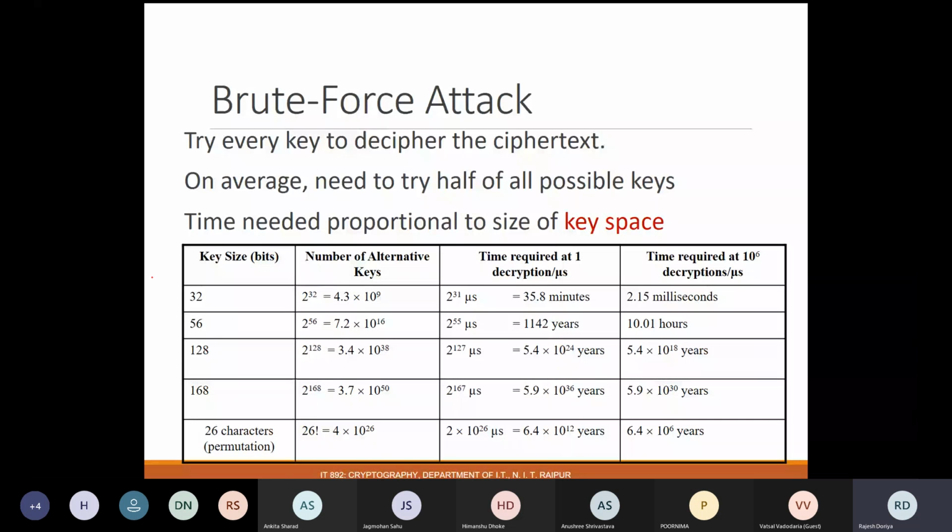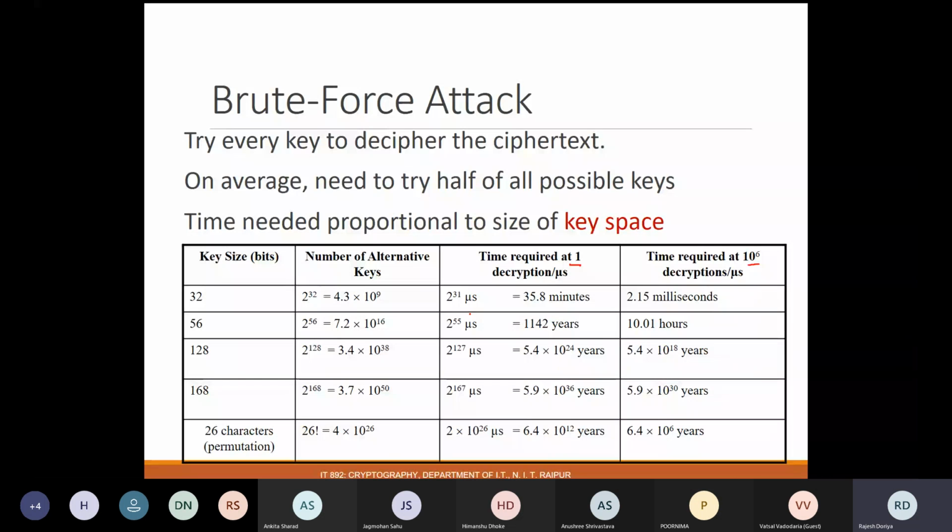Just have a look at this particular table. In this table, we have a few fields like key size, number of alternative keys, and time required. If you go with a speed of 1 decryption per microsecond, and if you have a speed of 10 to the power 6 decryptions per microsecond, then this is the time which we are going to take.